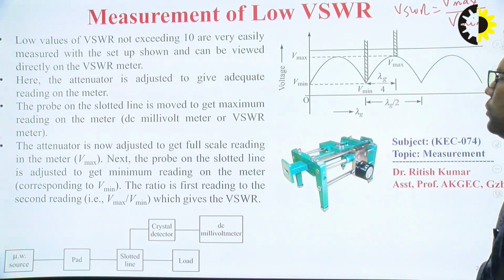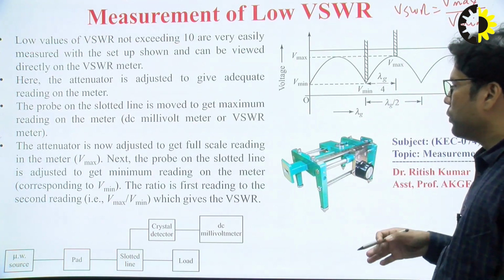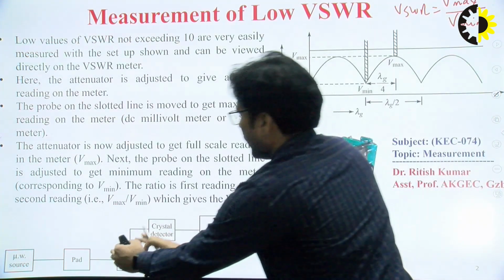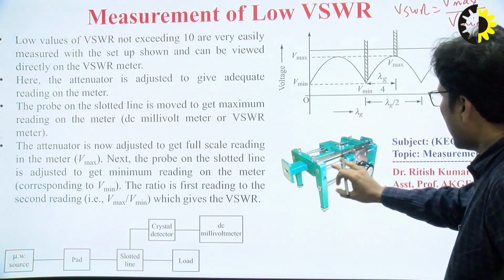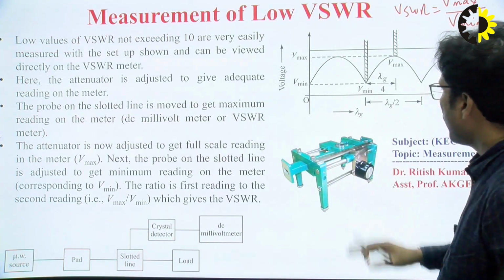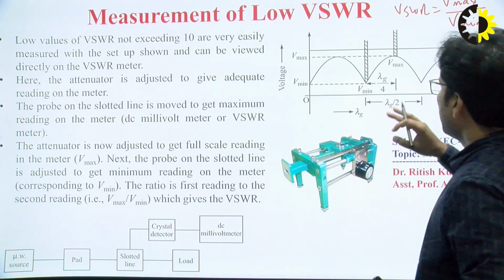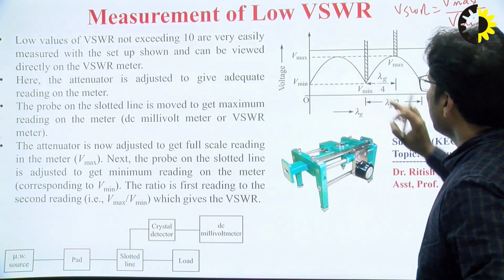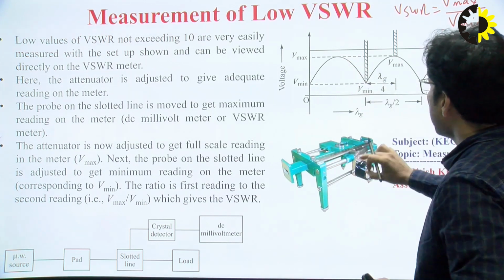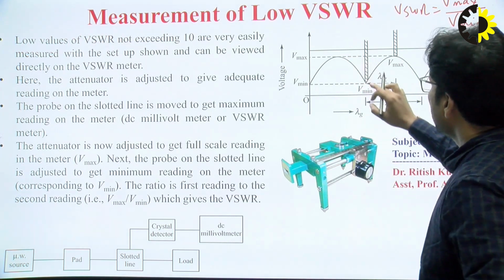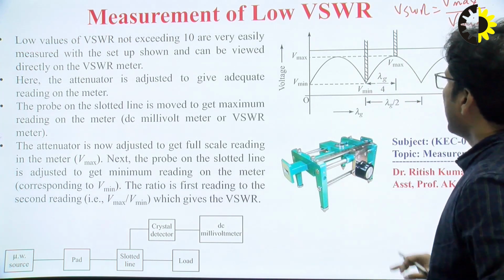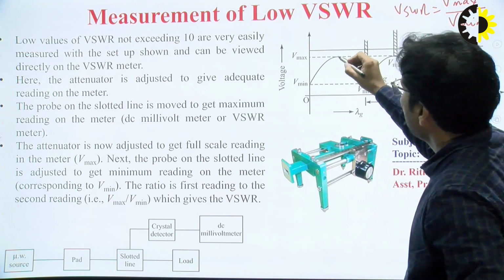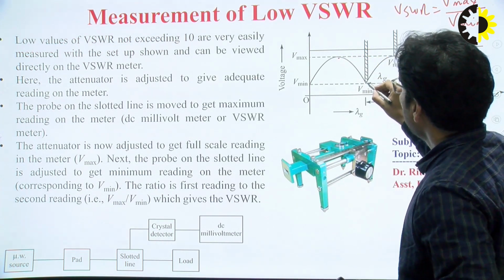How will you get it? This device is connected over here. If you move this knob in the forward or backward direction, once you get some maximum voltage and then move further in the forward direction, you will get the minimum voltage and maximum voltage respectively. So you have to find this value V maximum and V minimum.